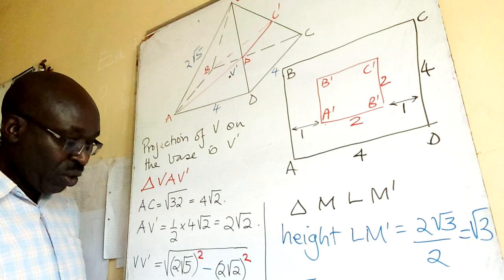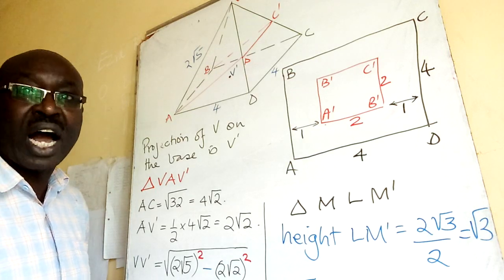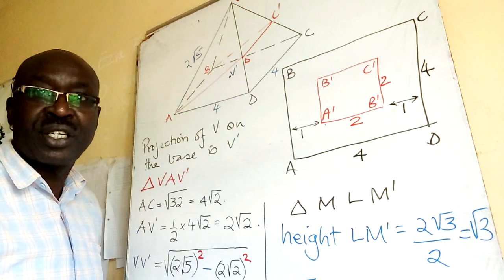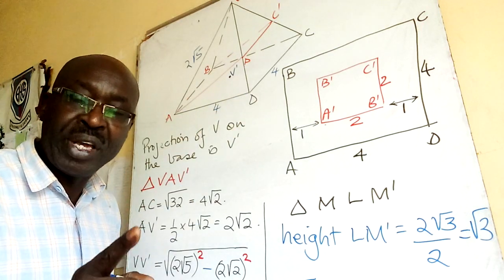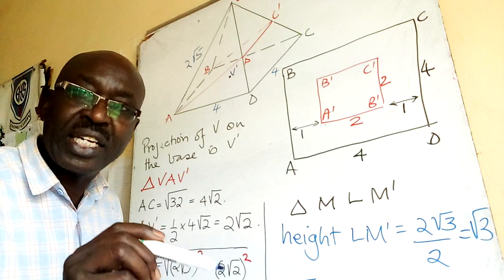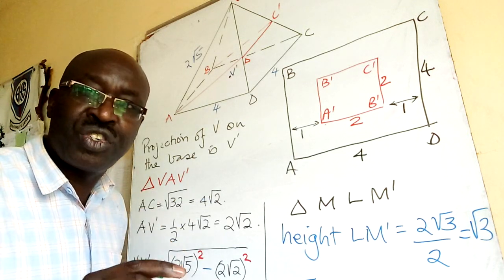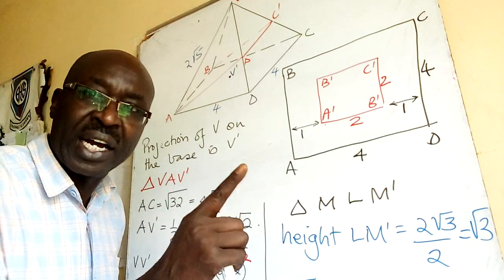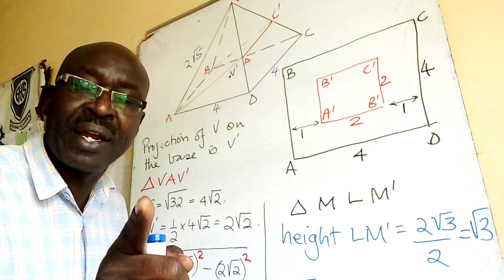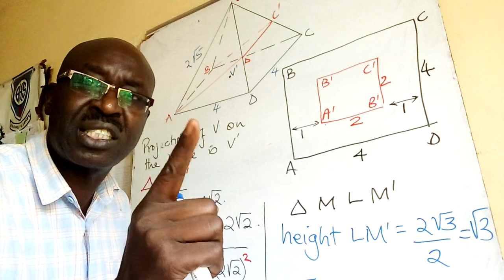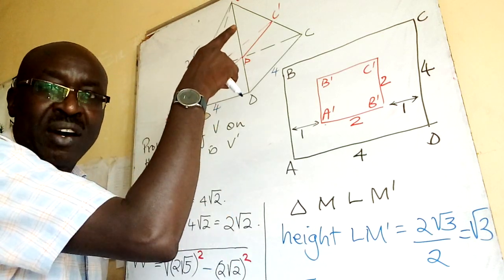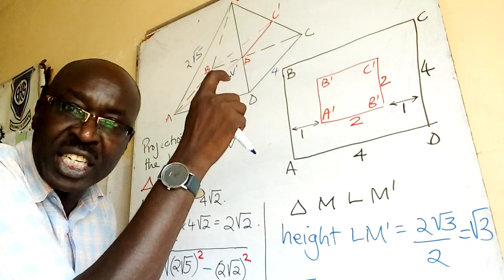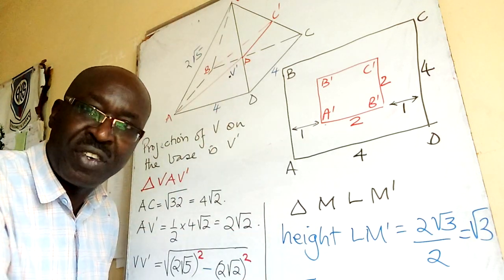Projection. Now we are asked to get the angle between VAB and the base. Anytime you are given a question to look for an angle, either line and plane or plane and plane, identify the highest point. So I have plane VAB, the highest point is V. Project it to the base, you get V dash.